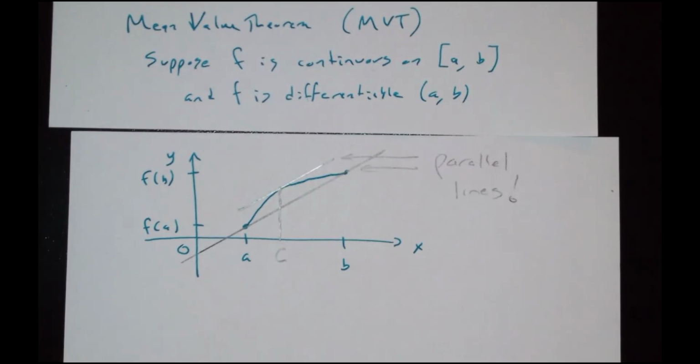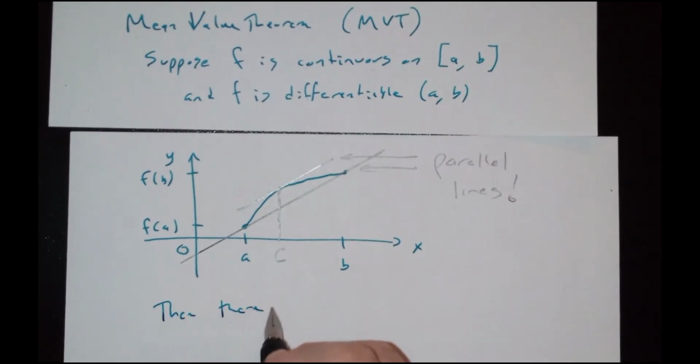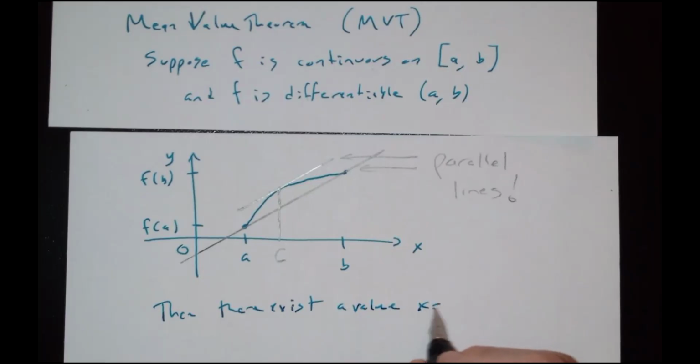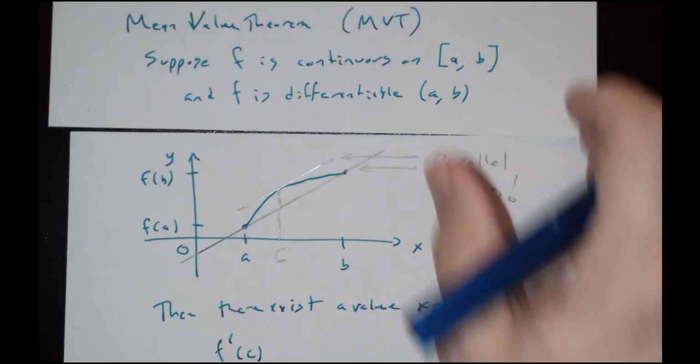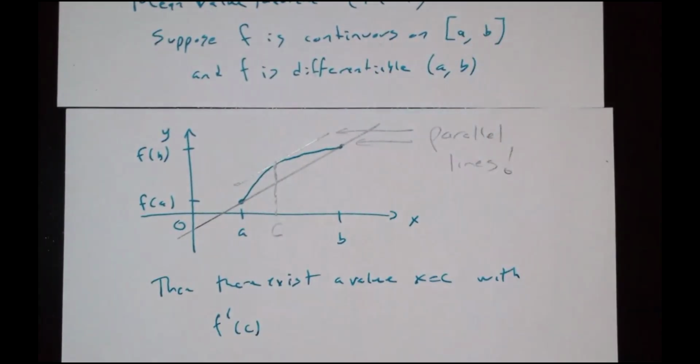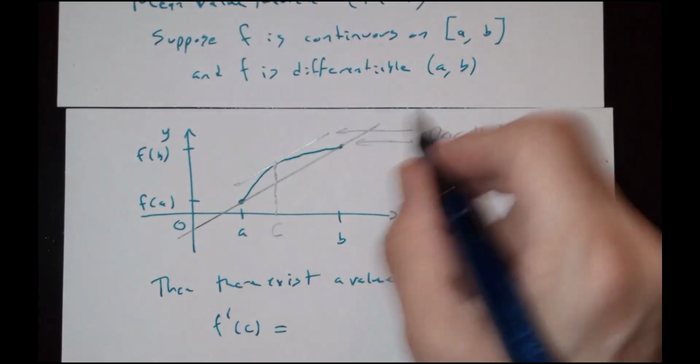My conclusion is about C. Then there exists a value x equals C with slope at C being equal to the slope of that line.